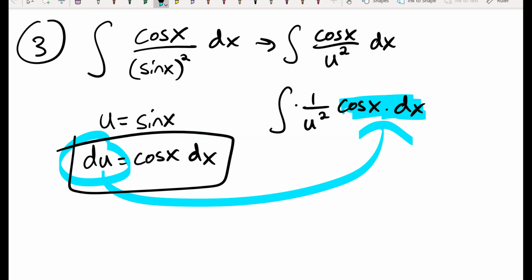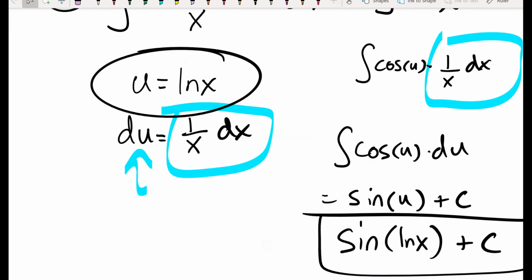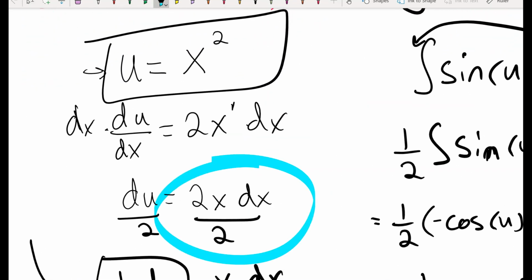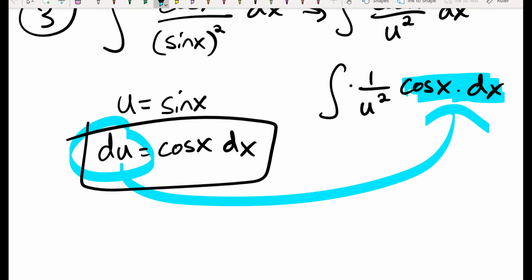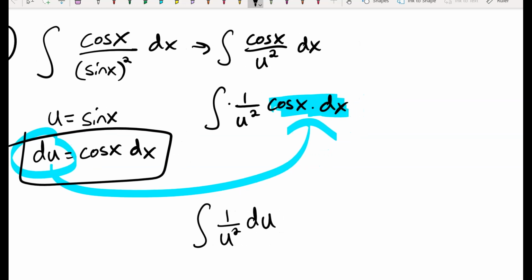This will always happen where du is exactly what you want, or you would need to divide out a constant like we did for number 1, where it was pretty close, we just needed to divide out that 2. So here, if I make that substitution, I have the integral of 1 over u squared du. I'm going to rewrite that just so I know how to work with that.